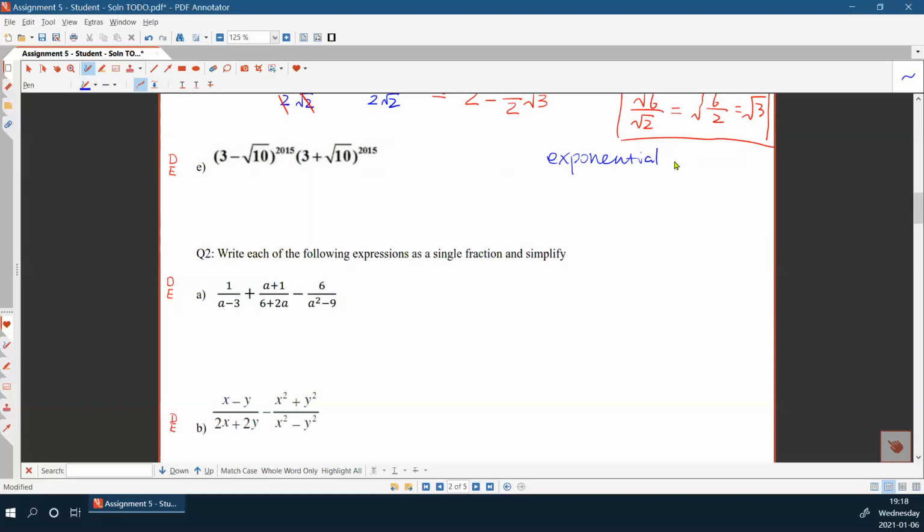Okay, or the rules of exponential expressions operation, such as if we have a to nth power times b to nth power, this equals a times b as a whole to the nth power, right?